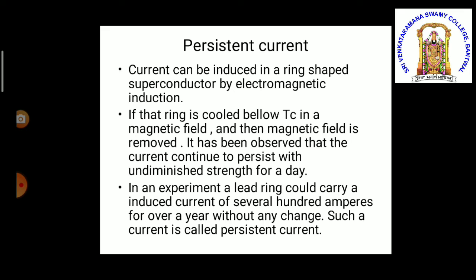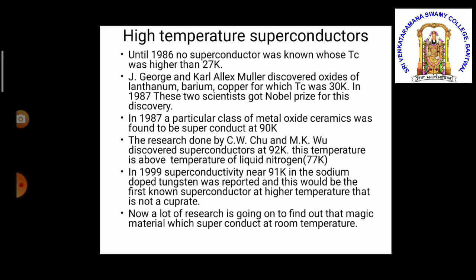After it becomes a superconductor, the magnetic field is removed. It has been observed that the current continues to persist with undiminished strength for a day. In an experiment, a lead ring carried an induced current of several hundred amperes for over a year without any change. Such a current is called persistent current.